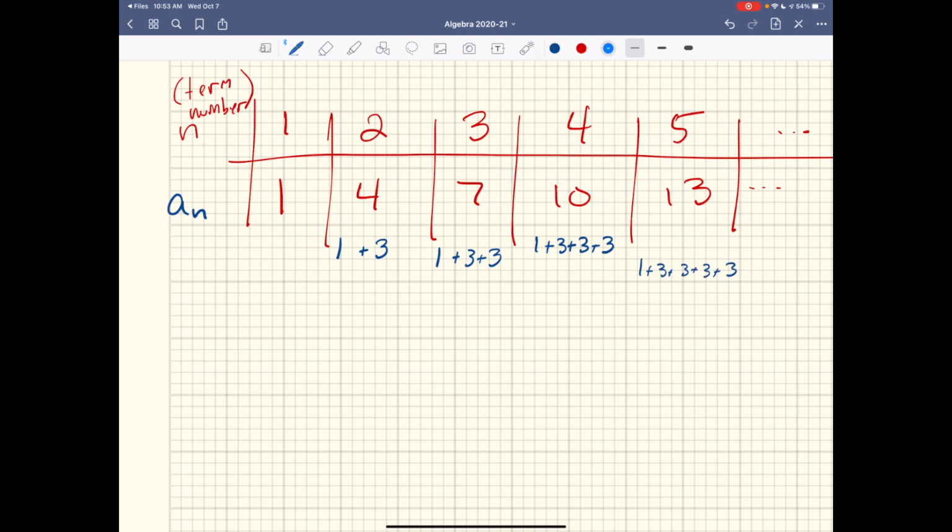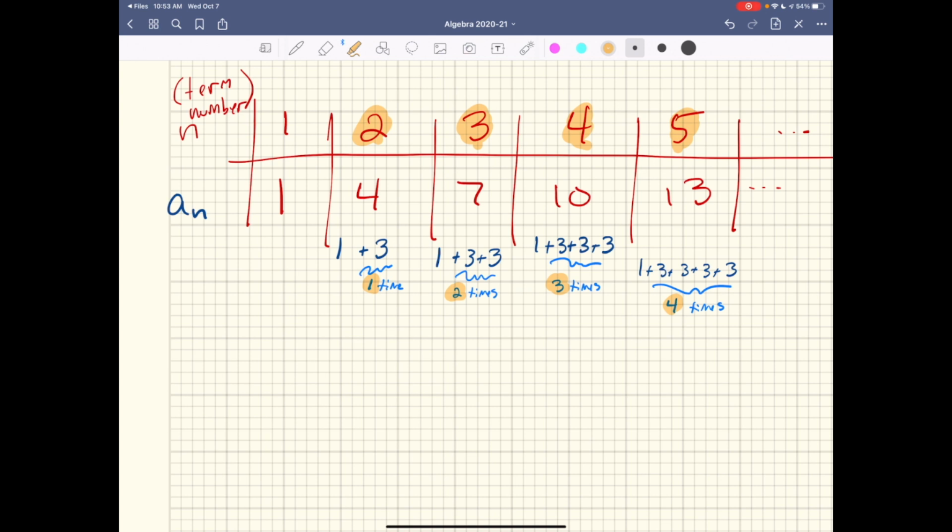I want you to notice something. That is a 3 used 1 time, right? That is a 3 used 2 times, yes? That is a 3 used 3 times. And that is a 3 used 4 times. As we think about our step number, how does it relate to how many of the common differences we use?